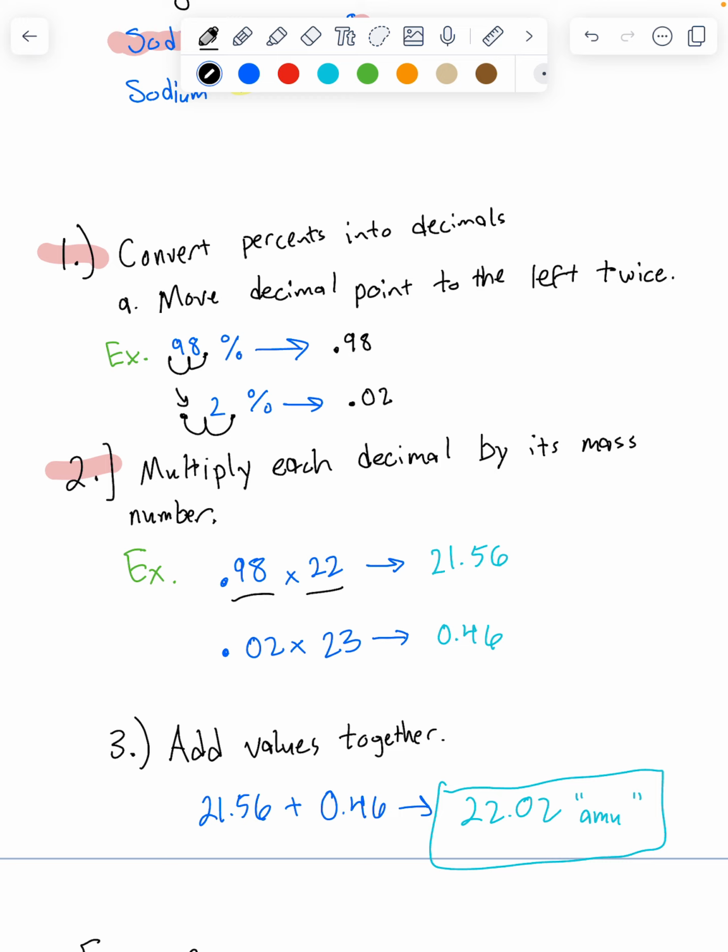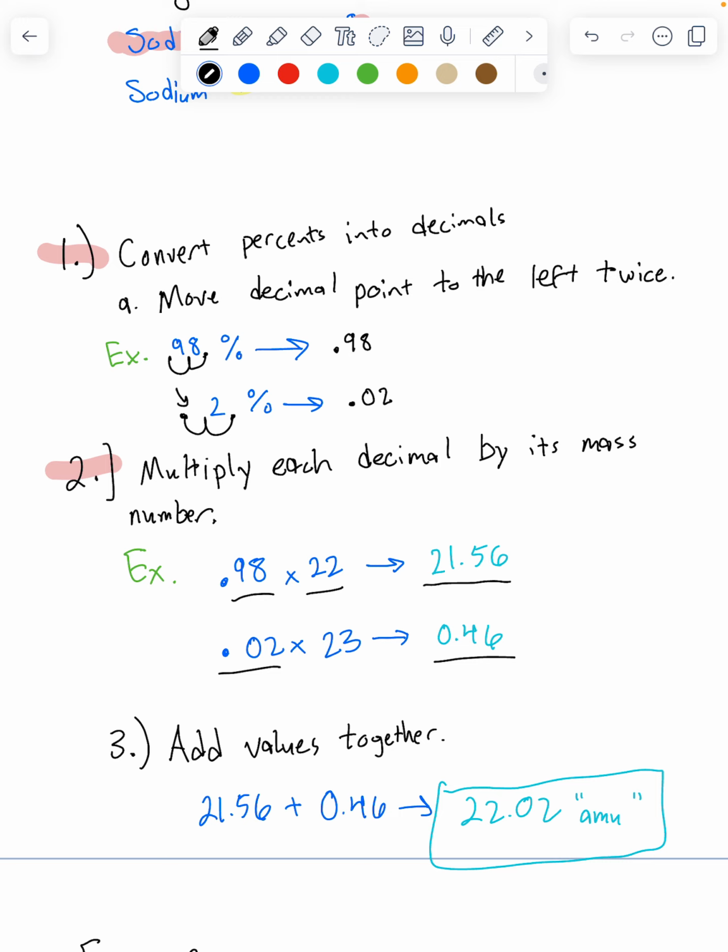If you type that in your calculator, that will come out to be 21.56. Then you're going to multiply the second one. So we have for a decimal number 0.02 times 23. Type that in your calculator and you get 0.46. That is step two.